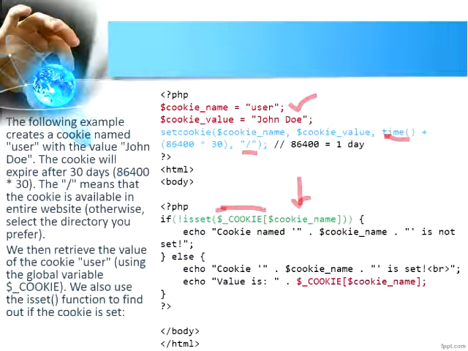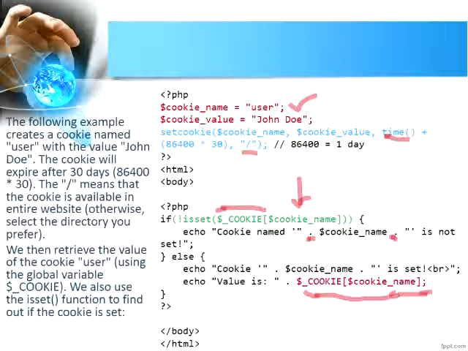So in this case, we will write cookie name is not set. Here the dot is used to make concatenation. Dot, like a plus in Java. Else echo cookie, and after that cookie name, and the value will be $_COOKIE of cookie name. So $_COOKIE of cookie name like this gives us the value of the cookie named cookie name.